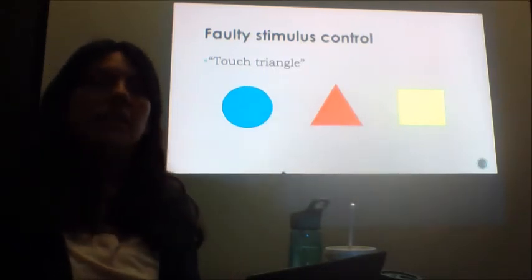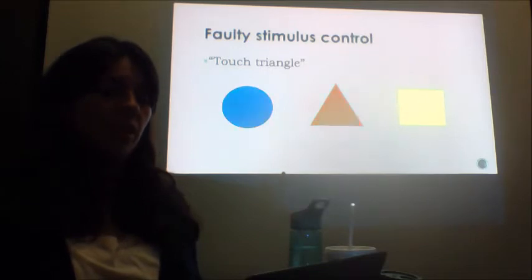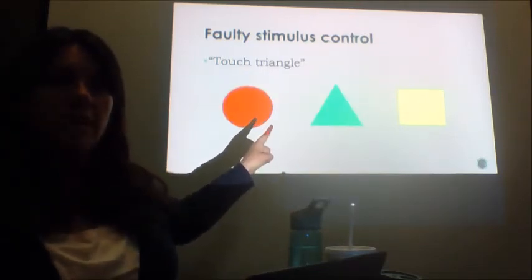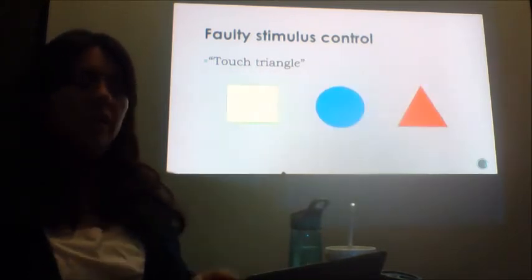Do you guys see an example of how this could be faulty stimulus control? Color. Yeah. So then you go, touch triangle. And then they do this. Because how are they supposed to know when you were here?